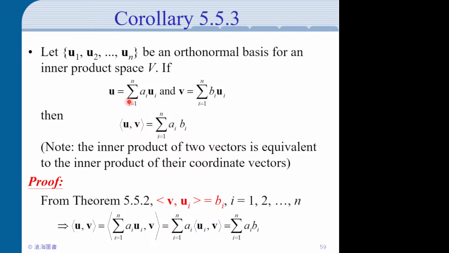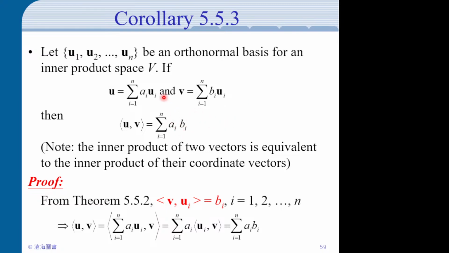Also, if you write things in coordinates of your orthonormal basis, say you have some U and a V, where U has coordinates Ai and V has coordinates Bi in terms of this Ui basis, then the inner product between U and V will be like in Rn.